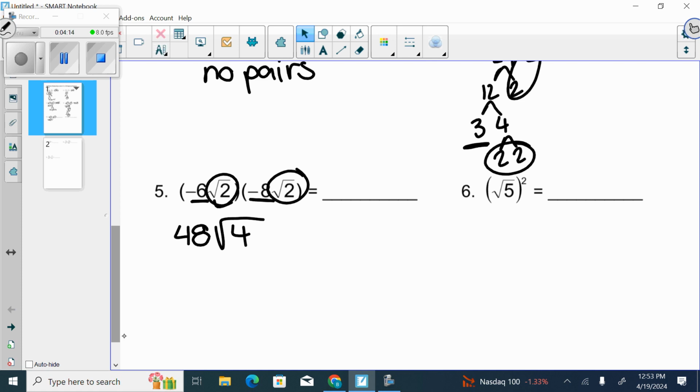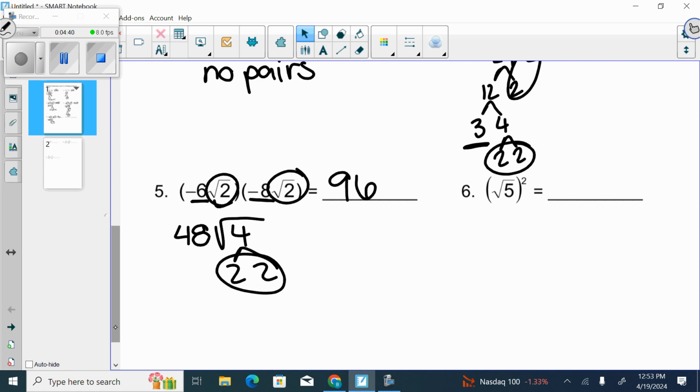Can I simplify square root of 4? Yes, 2 and 2. Okay, so I have a 2 I get to take out, and what was already out there? 48. So what am I going to do with those numbers? Multiply them. So what is 2 times 48? 96. Did we have any leftovers? No, so I don't need a square root. I'm done.